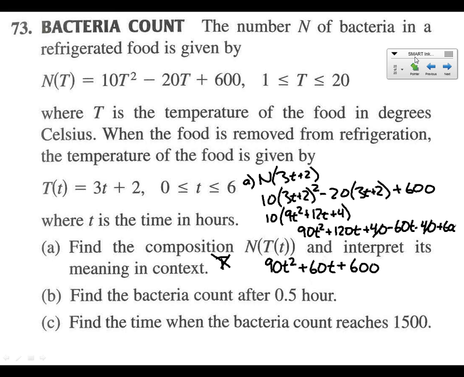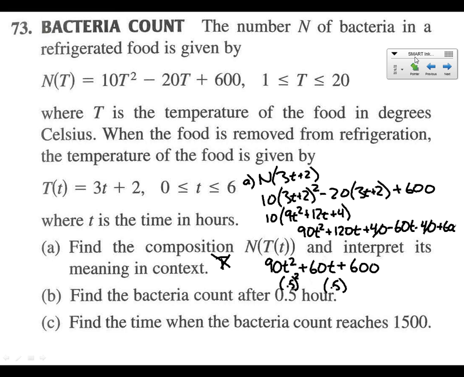Let's go ahead and put 0.5 in here. Oh, sorry, they're saying after 0.5 hours, so t is 0.5. So 0.5 squared and 0.5.